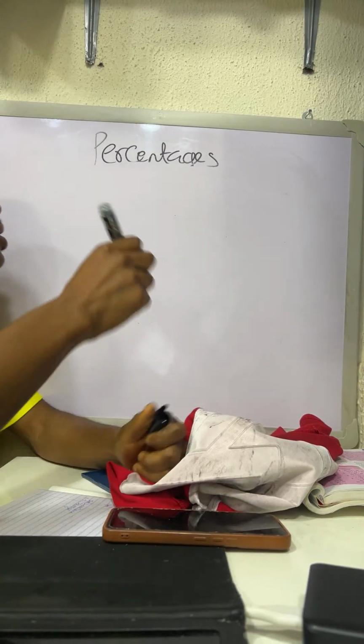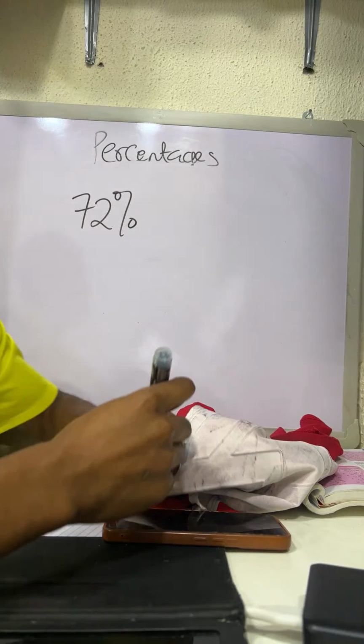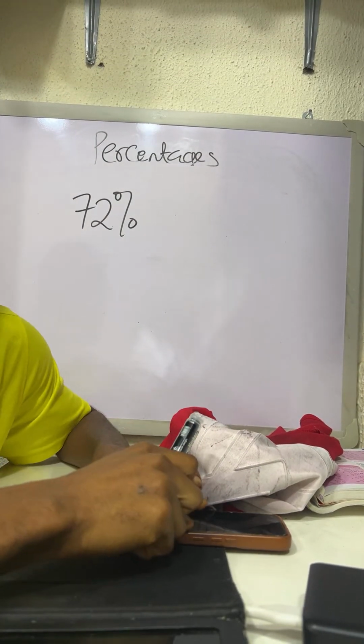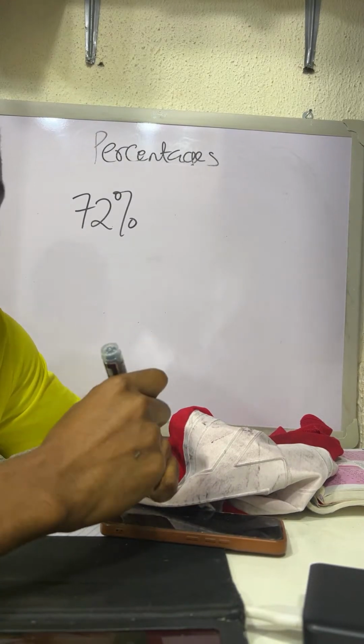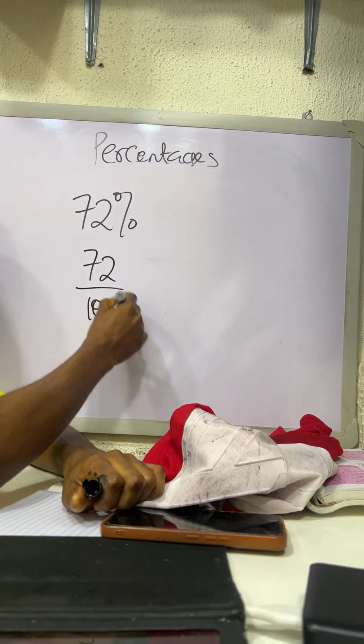So let's look at this. You have 72%. How can we convert 72%? It is also easy. This is just the same thing as 72 over 100, right?